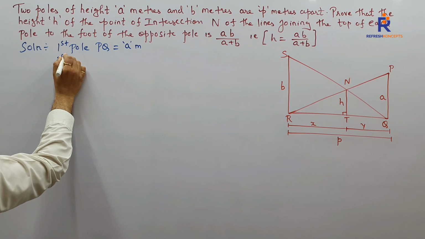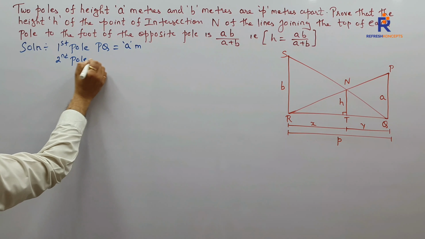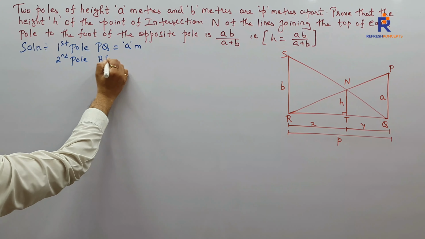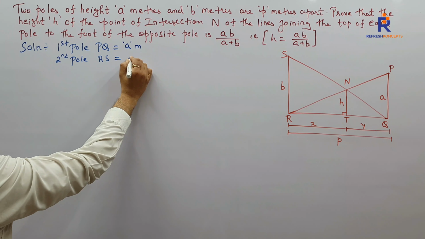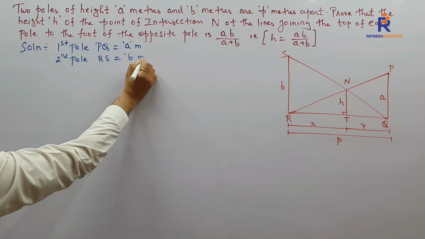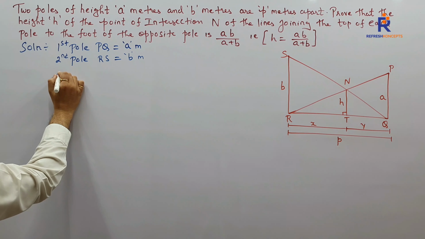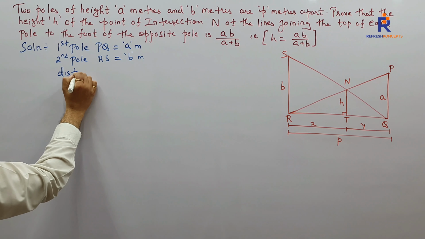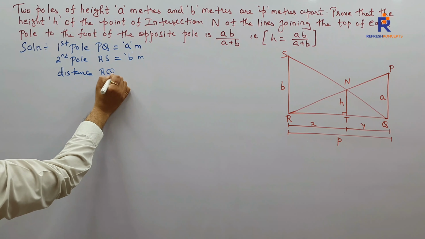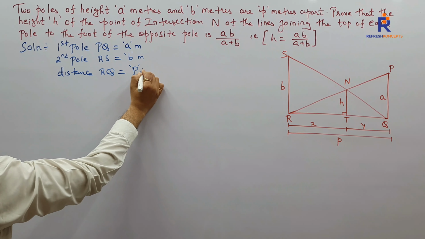The second pole is RS, which is of height b meters. They are separated by p meters. So distance RQ is nothing but p meters.